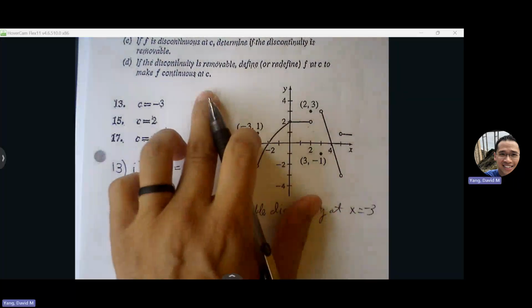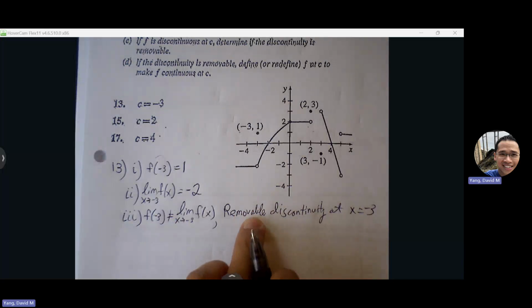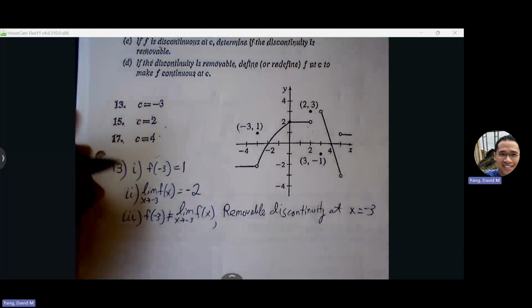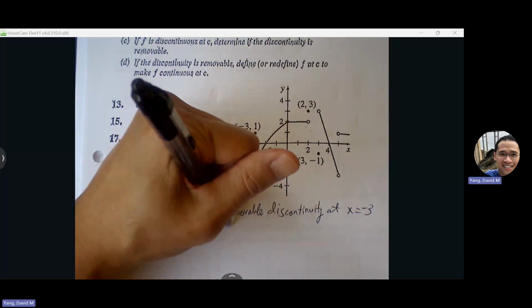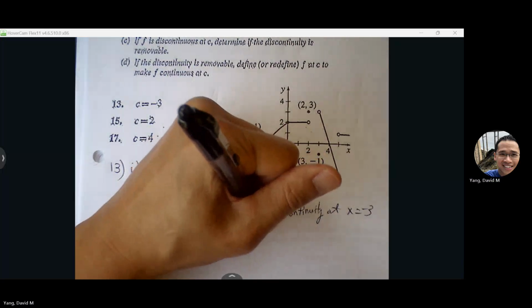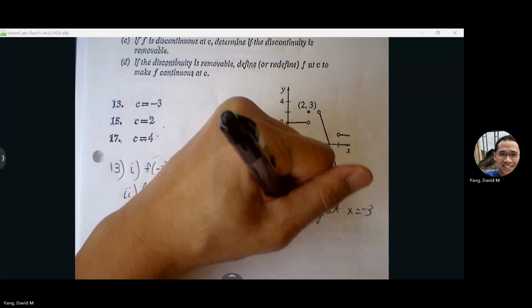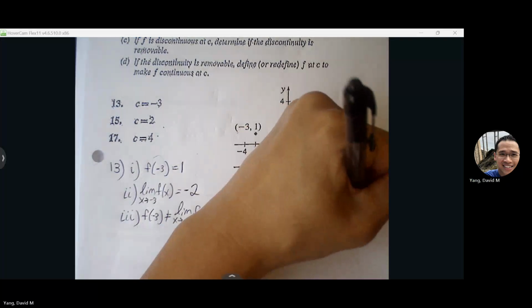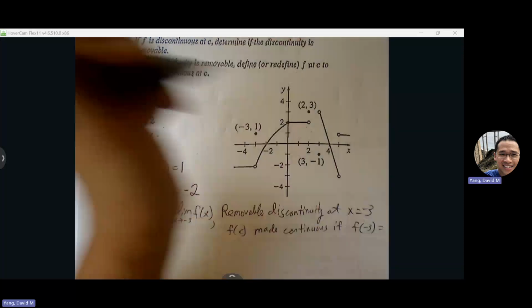And then if it's removable, we can redefine our f of C, our f of -3. So the function is made continuous if f of -3 equals what?